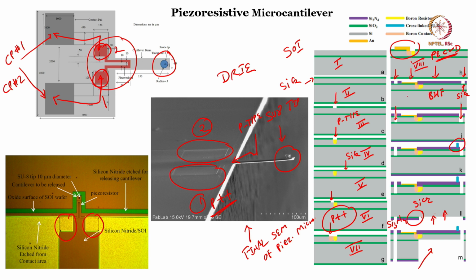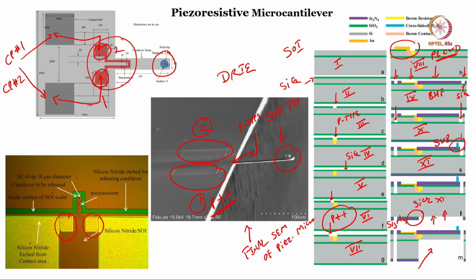The 9th step is where we do the silicon nitride growth, followed by patterning. In the 10th step we etch silicon dioxide and etch silicon. In the 11th step we spin coat SU8 and pattern it to form the cantilever tip.